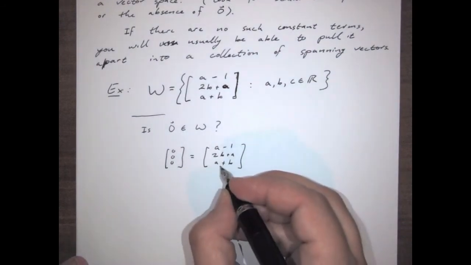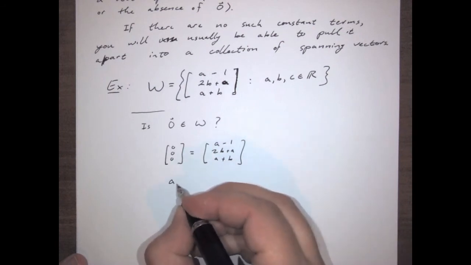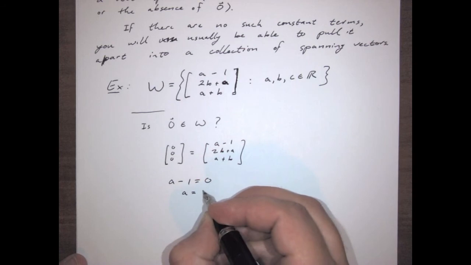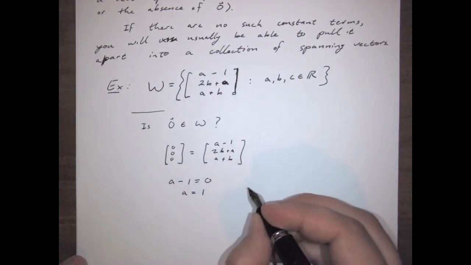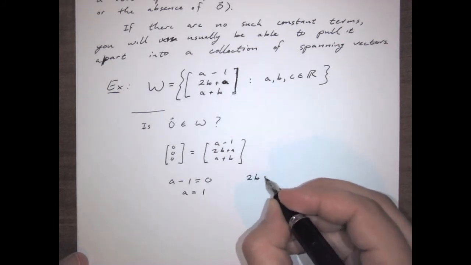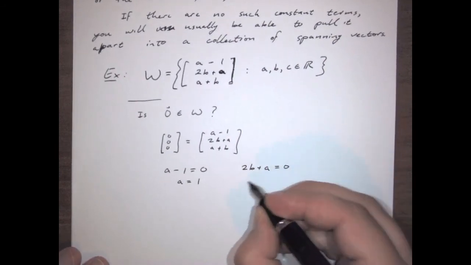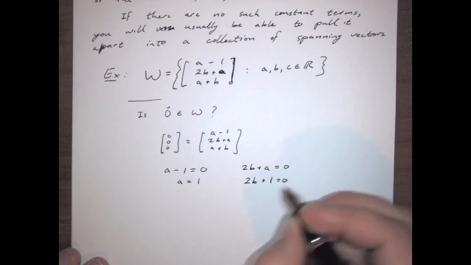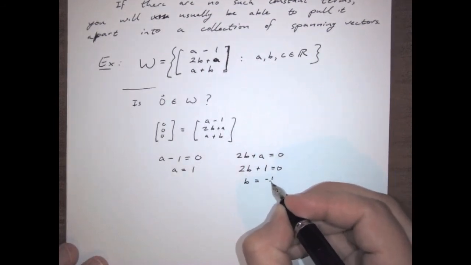So looking at this, if A minus 1 equals 0, that implies that A equals 1. Okay, so far no contradiction. But then if 2B plus A equals 0, and I know that A is forced to be 1, that means 2B plus 1 equals 0, which means that B is equal to negative 1/2.